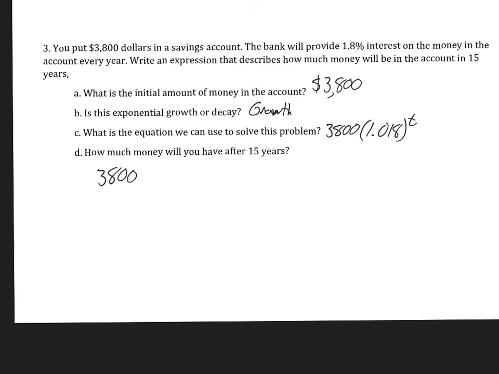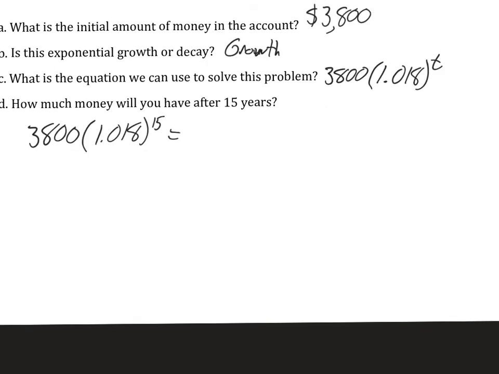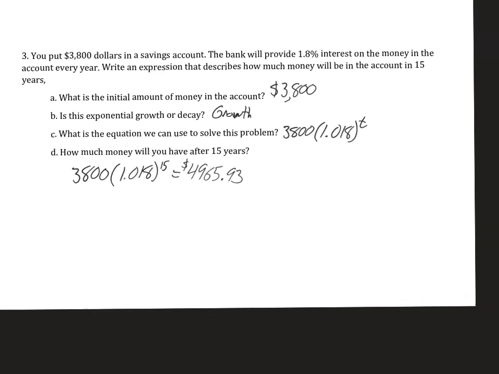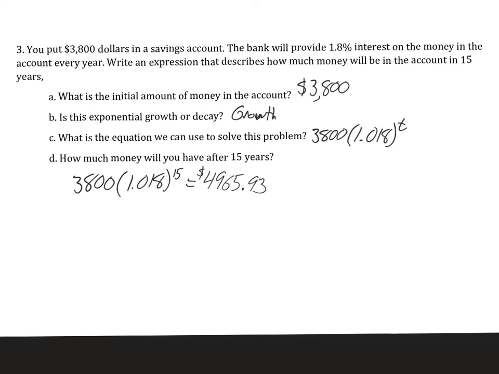So we have 3,800 times 1.018 to the 15th power. So let's go ahead and try this out. It looks like we should have 4965.93-ish. So you should get up to $4,965.93.